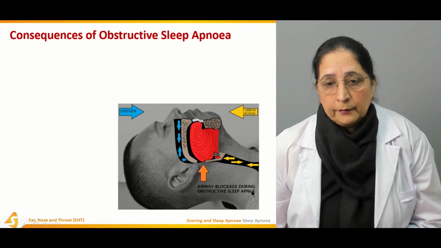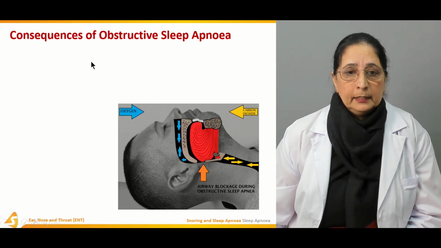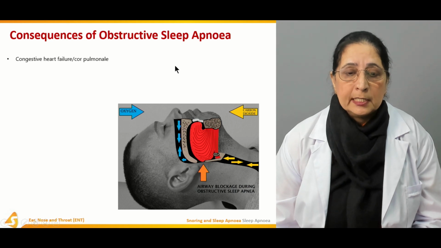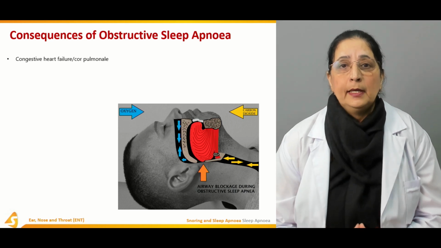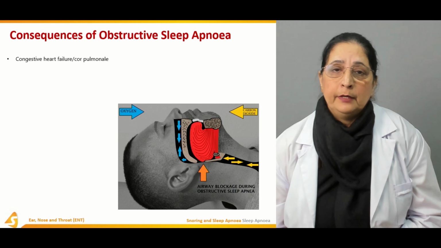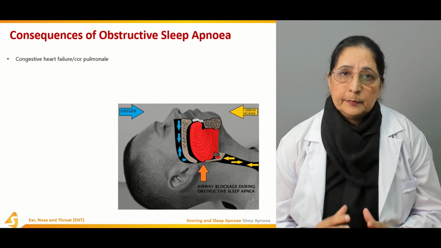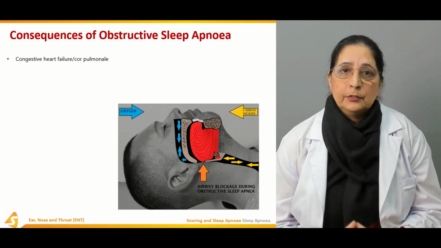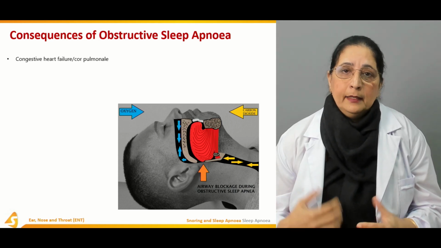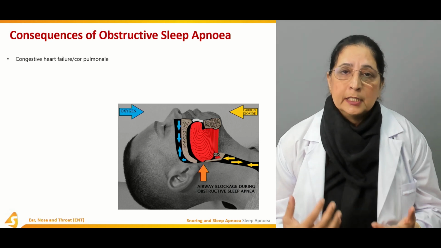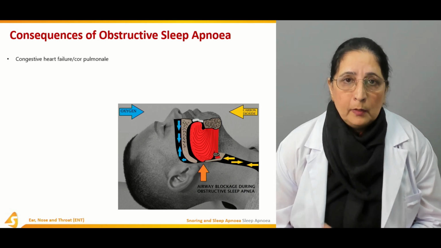There is a block of airway during obstructive sleep apnea, and the associated consequences are congestive heart failure, which I mentioned, and cor pulmonale, that's congestive heart failure associated with respiratory failure. First there is the respiratory airway obstruction, respiratory failure, and this slowly affects the heart, and there is enlargement of the heart, congestive heart failure, the pumping of the heart is affected, and it can cause cor pulmonale.